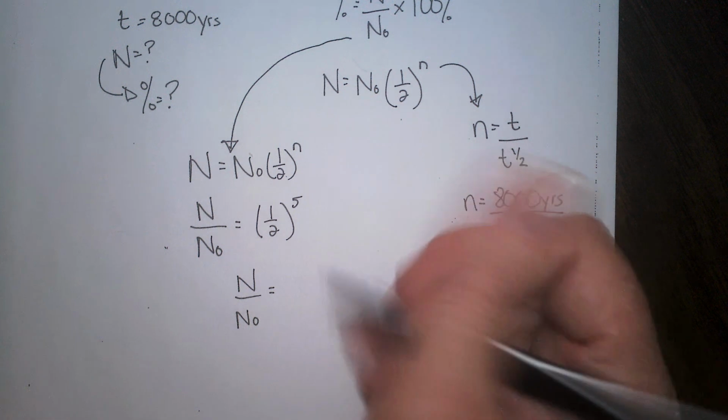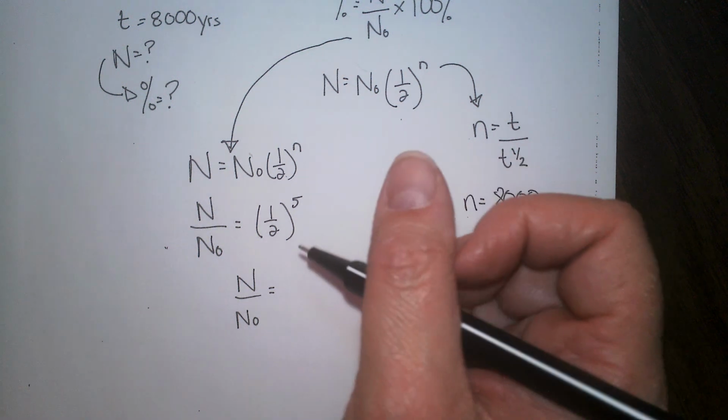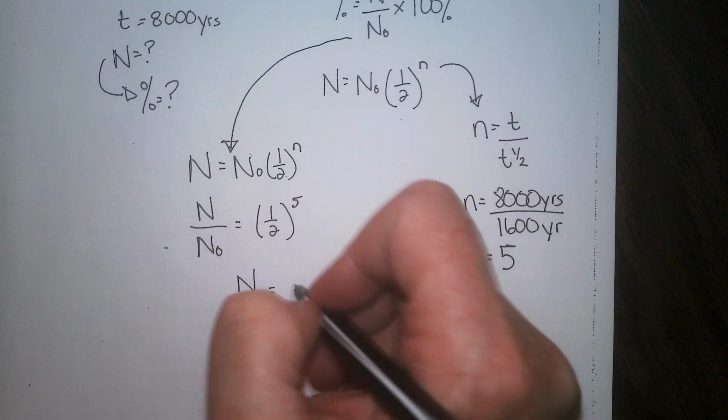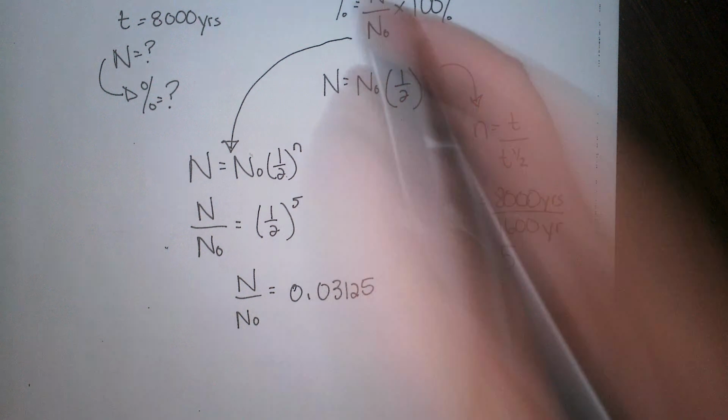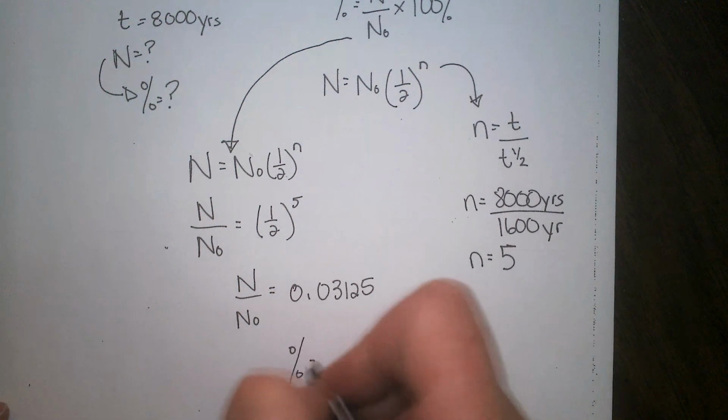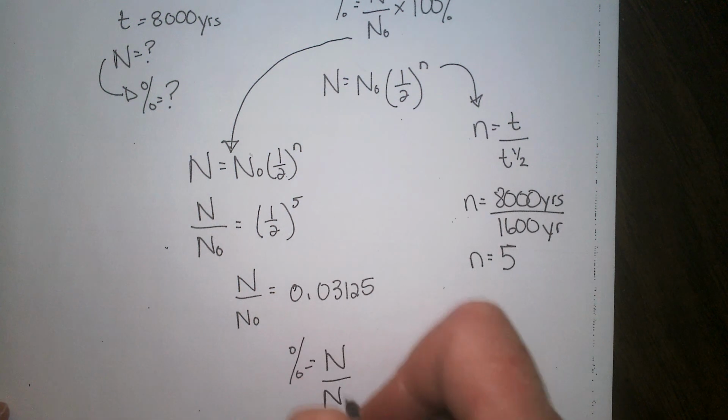Kylie, what would 1/2 to the power of 5 be? 0.03125.